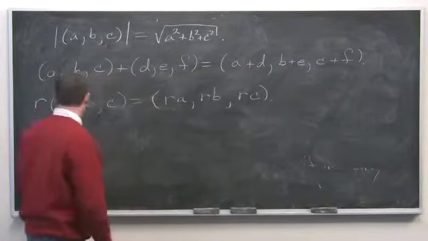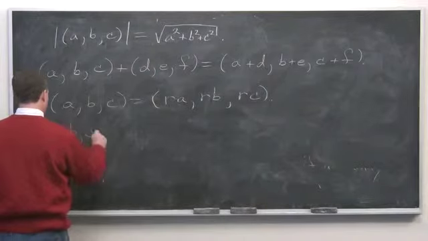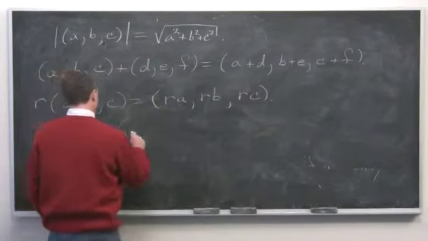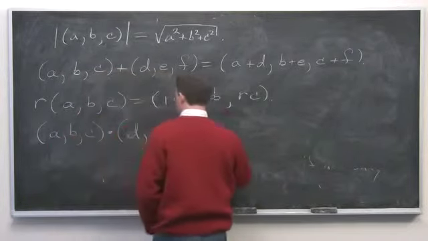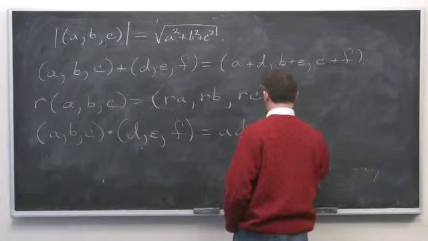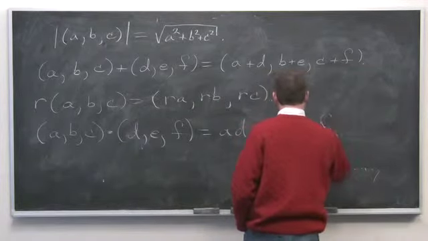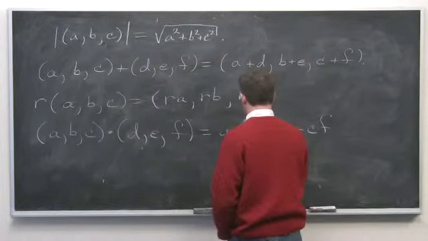The dot product of 2 vectors, you multiply corresponding components and you add. And it's still true that the geometric interpretation of this holds.